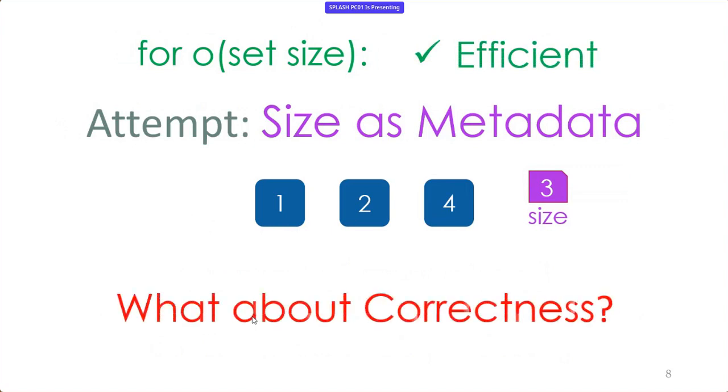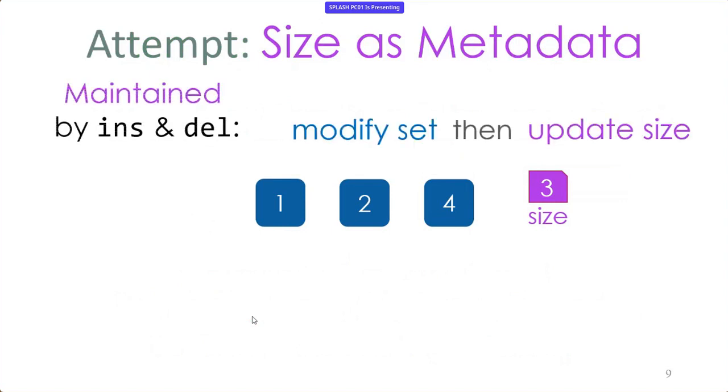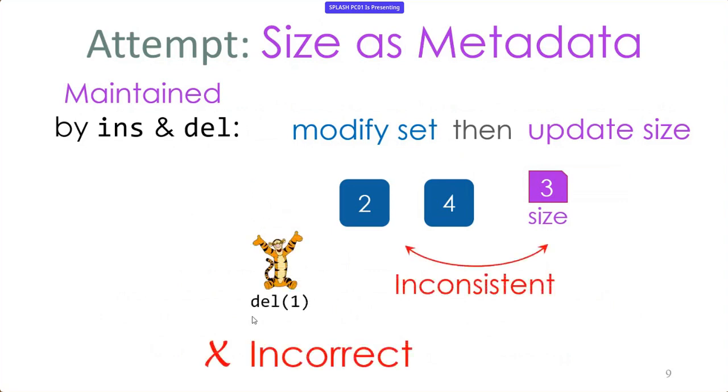But what about correctness in this case? To maintain the size in line with the number of elements actually in the set, we need the insert and delete operations to maintain the metadata. So each time an insertion or deletion runs, it first modifies the set, and then it also needs to update the metadata. Now, the problem we have here is that, for example, let's say Tigger runs a deletion of 1, so we deleted 1 from the set, and now it's about to update the metadata.